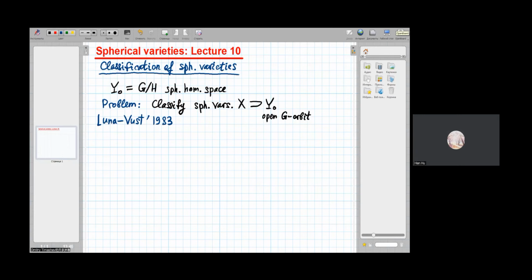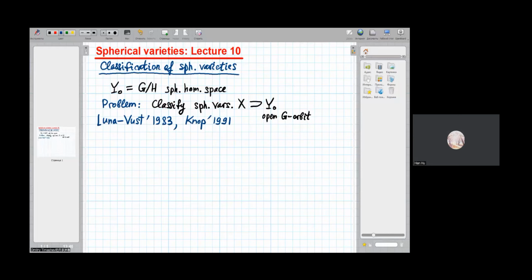So I just skip this word normal here because we agreed to consider normal varieties, but not necessarily projective, any, in fact. Of course, projective will also be classified. As I said, this problem was solved by Luna and Vust, but the modern presentation, which I'm going to describe, is due to Knop in his paper of 1991.